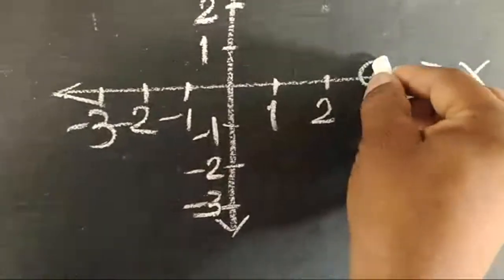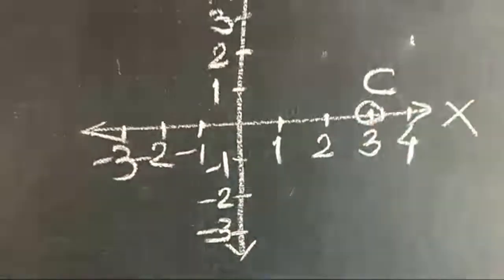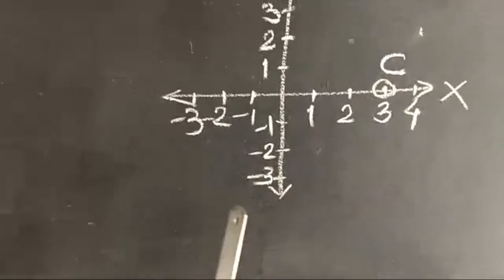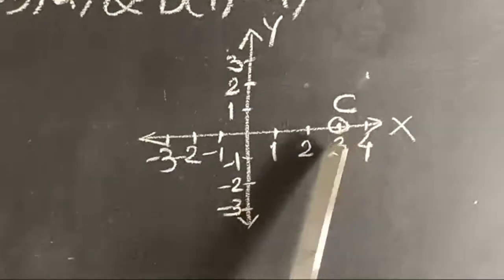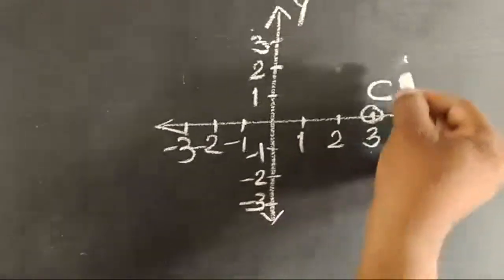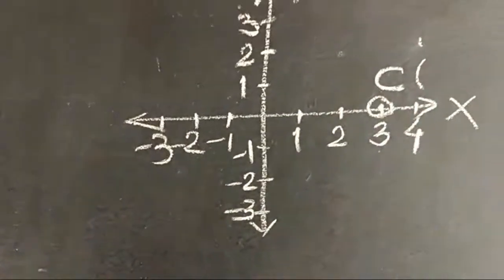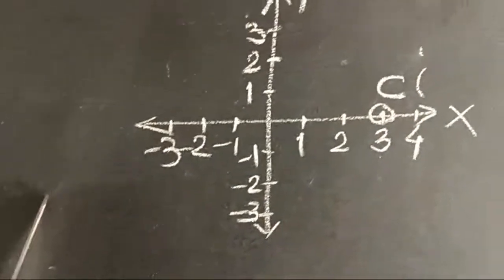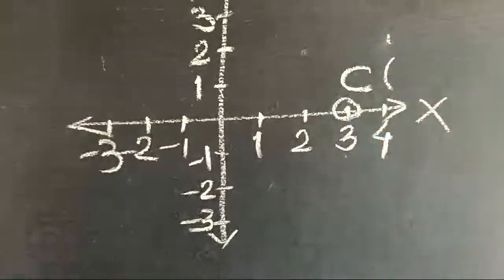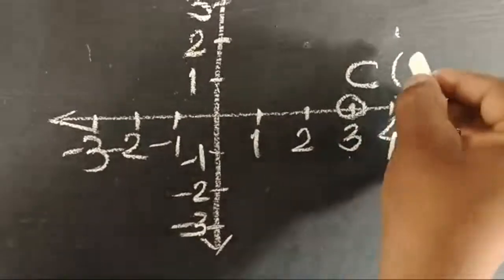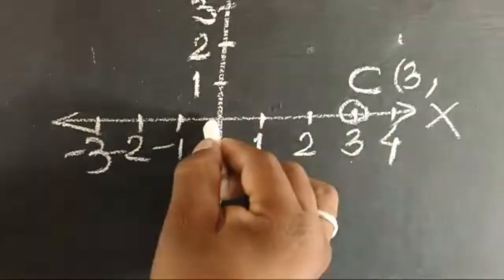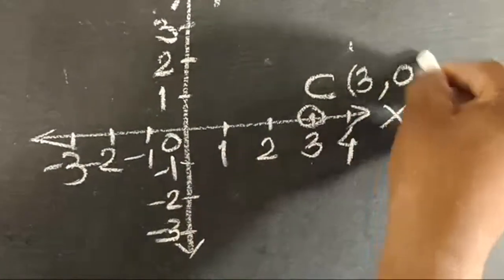Suppose here, but actually we don't know where its place is, that point C on the x-axis. Suppose here, then the coordinate of that point is 3, 0. The x-coordinate is 3 and the y-coordinate is 0.